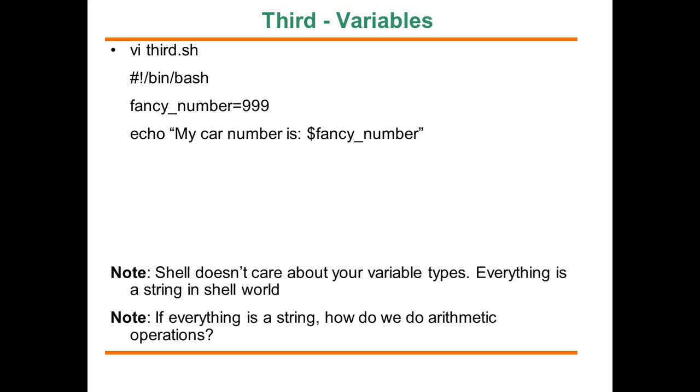We already looked at some, the same thing here. But the important thing here is, if you want to display the value of a fancy number, you have to use a character called dollar. You can read it as a dollar of fancy underscore number, or alternatively you can say value of fancy underscore number. So my core number is colon value of fancy underscore number. It's a 999.